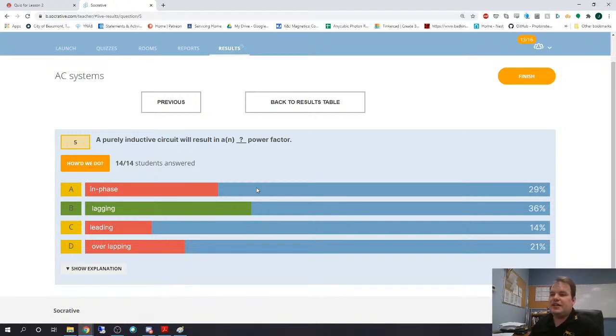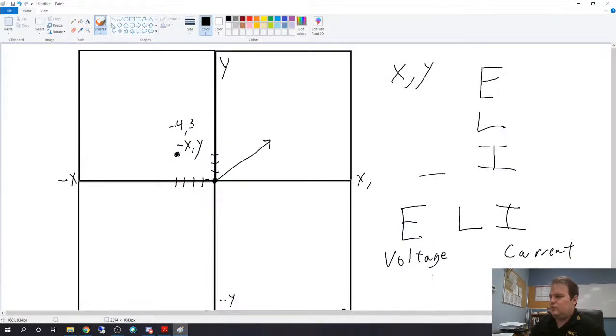A purely capacitive circuit will give us a leading power factor. That is where, well, let me just select.